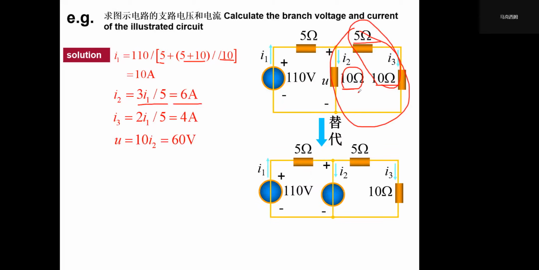And we can just replace, right? We replace this branch resistance with a voltage source, and still we have a current I2.